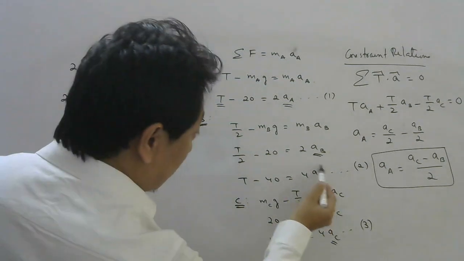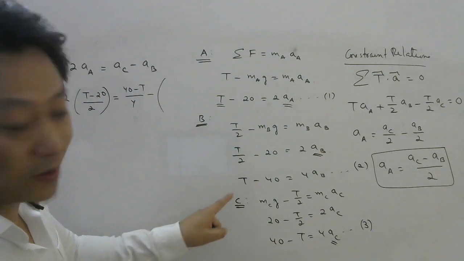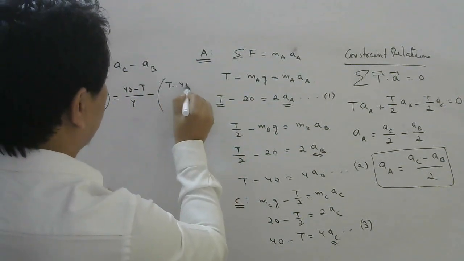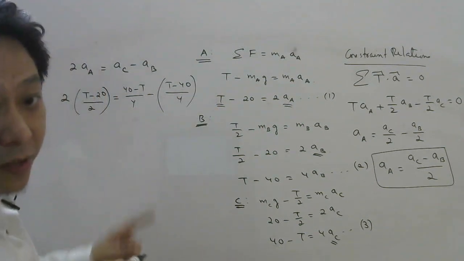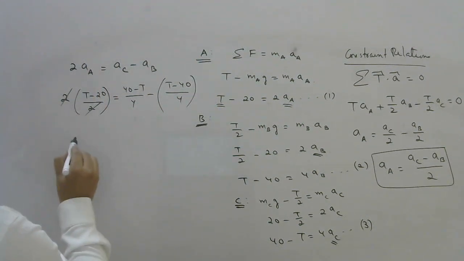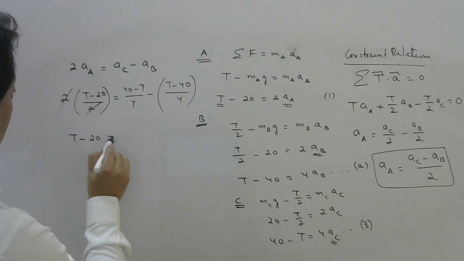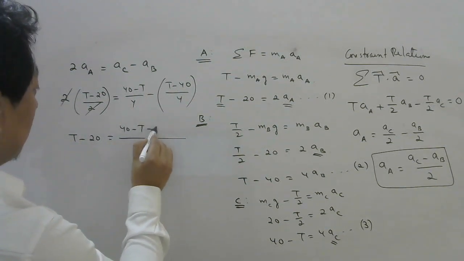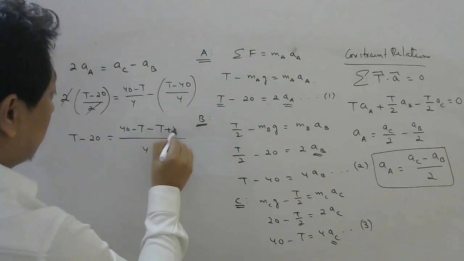And for acceleration of B from here, what will it be? T minus 40 divided by 4. Right? So easily you can simplify, these two and these two will cancel. T minus 20. Here you can take 4 as LCM, 40 minus T minus minus plus 40.